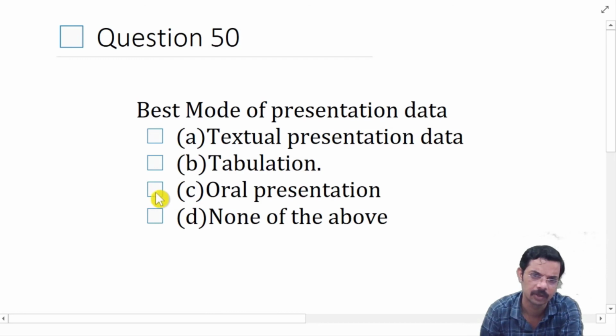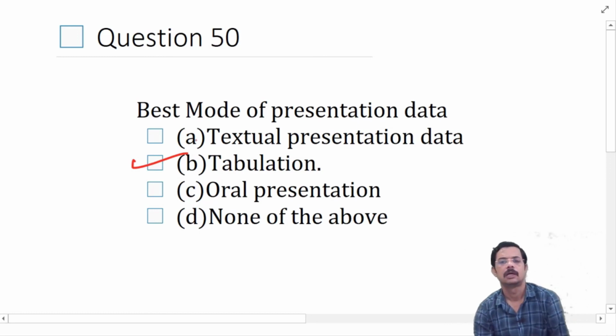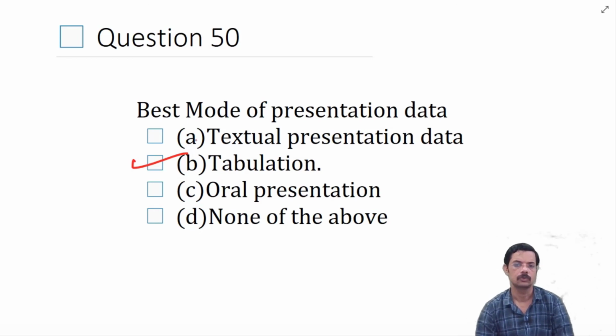Orally, if you say not interested, textual presentation not interested. From these options, it seems this is the best method and more accurate way of presenting data. Okay, so tabulation. So we have completed 50 questions.